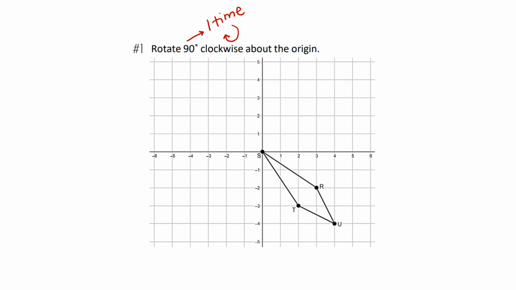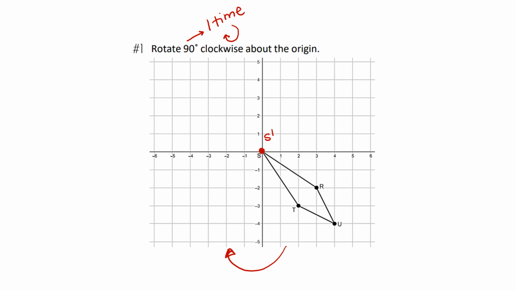So our shape, which is currently in quadrant 4, will rotate to quadrant number 3. So we're going to take our patty paper and put it in quadrant 3, placing the corner at the 0 origin, lining up the X and the Y axis with the edges of the paper, and then plotting the new points. You should see that the S point still lines up at the origin 0, making that S prime.